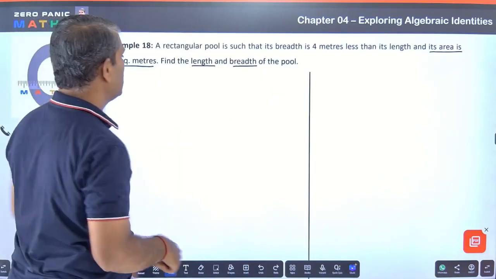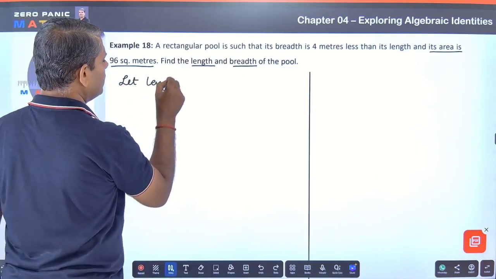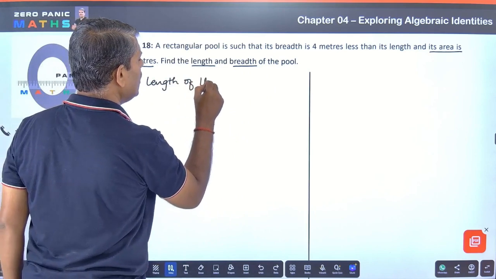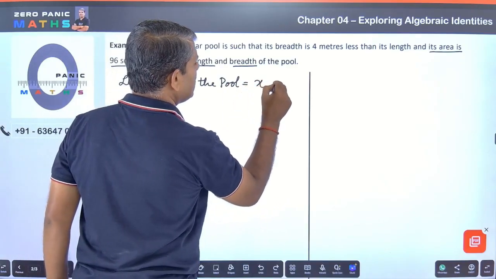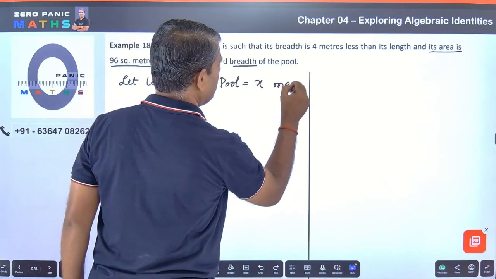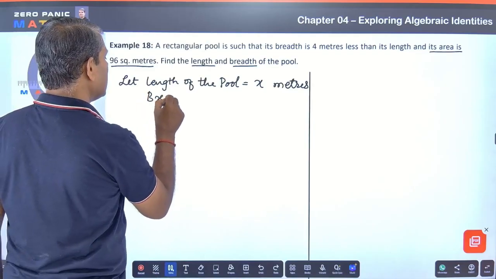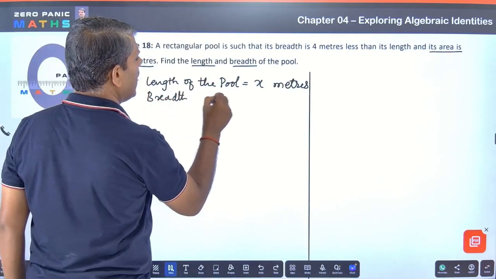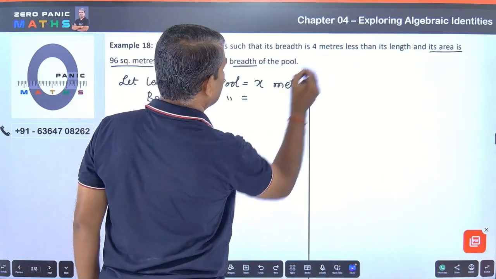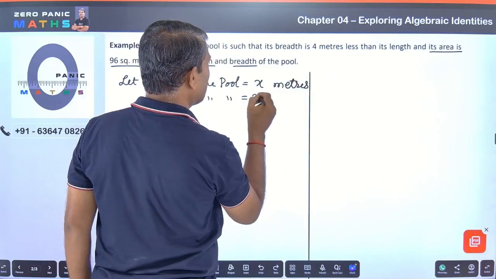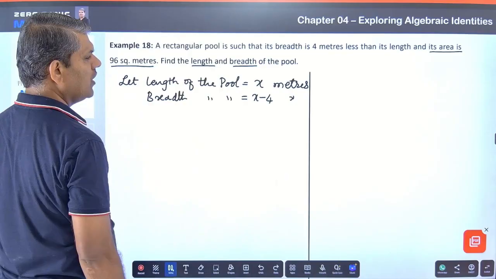So there is a pool. Let the length of the pool be x meters. Now since it is given that breadth is 4 meters less than the length, from length we have to subtract 4, and that is x minus 4 meters.